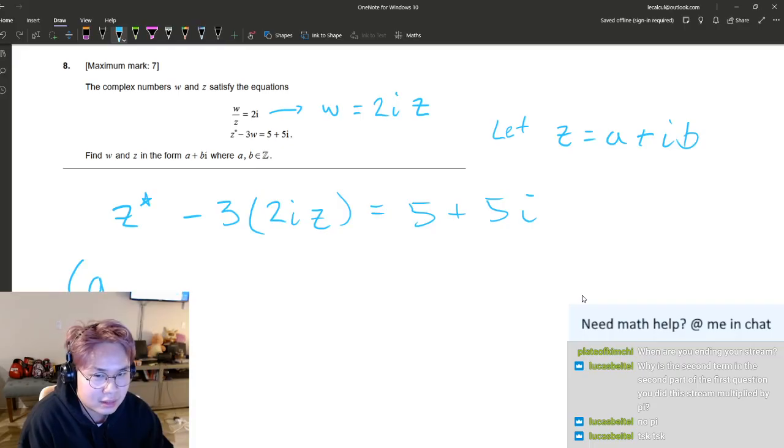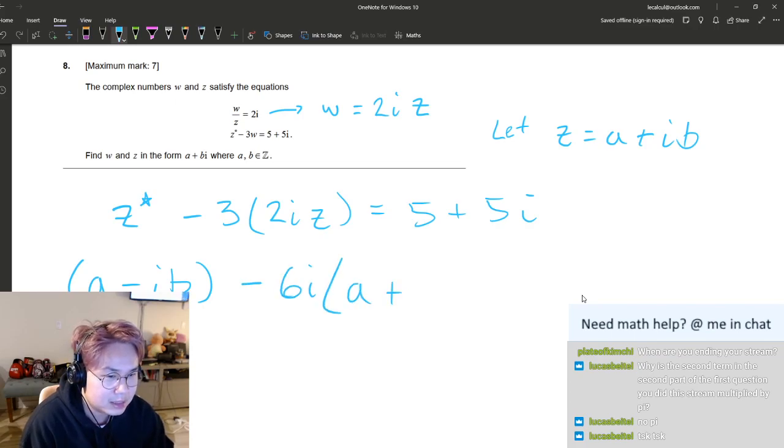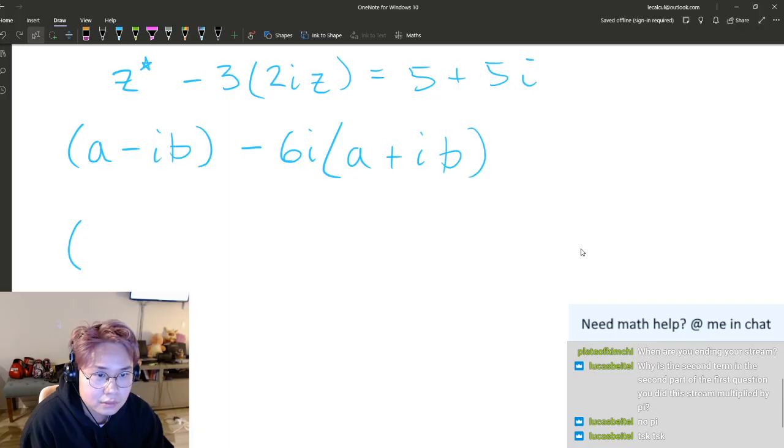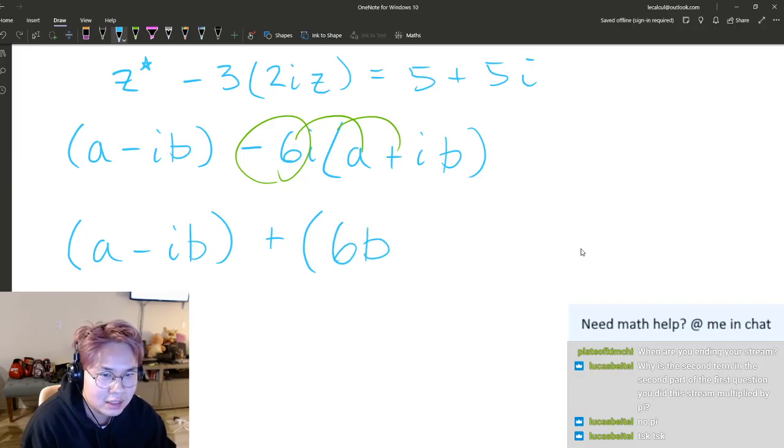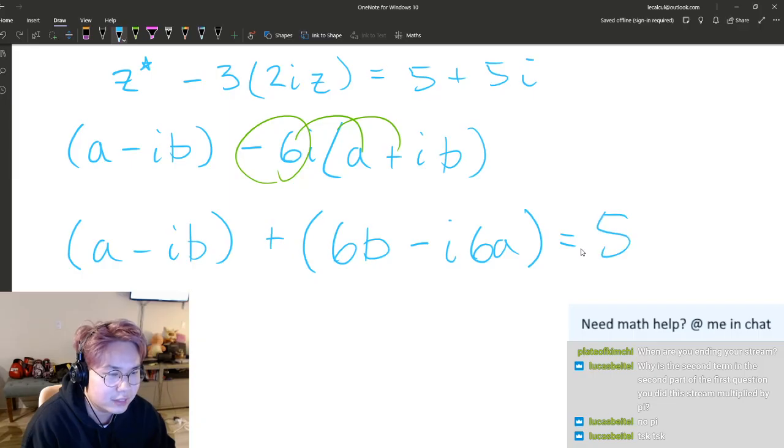So that means that z conjugate is minus, and then this thing is going to be negative 6i times a plus ib. And then multiply this thing in. So let's see, the i's and then the minus are going to make a positive 6b, and then we're going to have a minus i6a, and this is equal to 5 plus 5i.